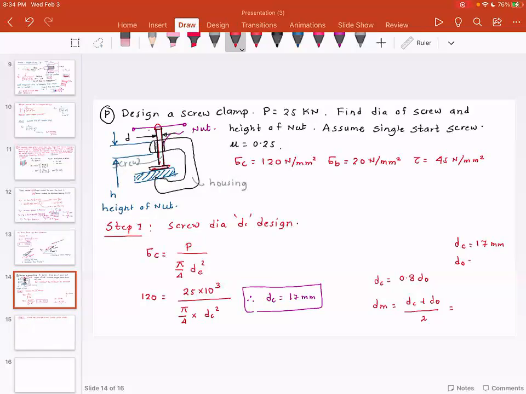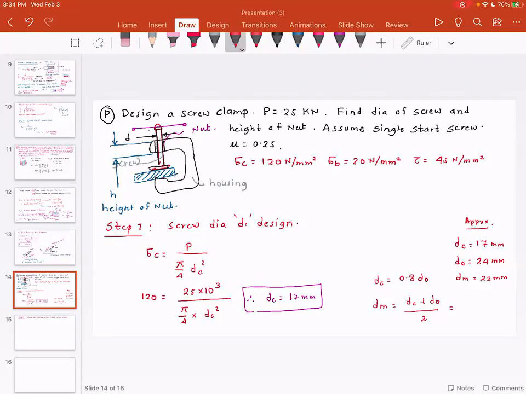This is approximately 24 millimeter, and DM is 22 millimeter. These are approximate values.